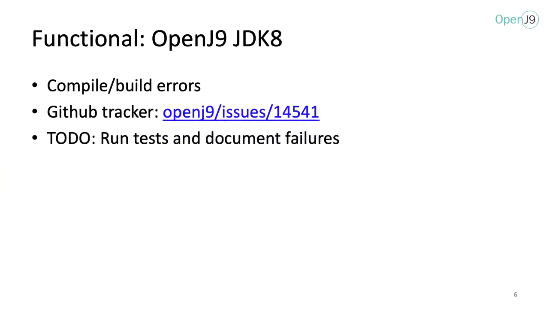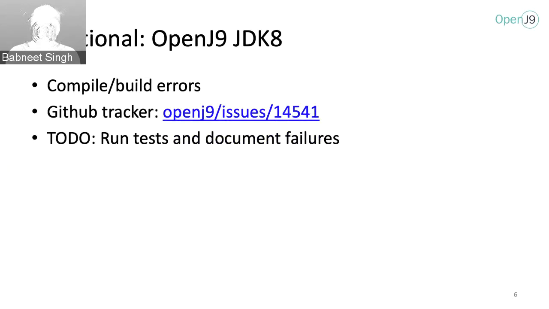And for JDK 8, we are still not able to compile with OpenJDK method handles enabled. There's also an issue opened as a global tracker, 14541, which will track all work related to supporting OpenJDK method handles in JDK 8.